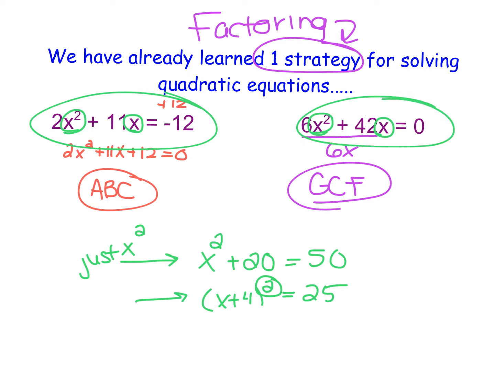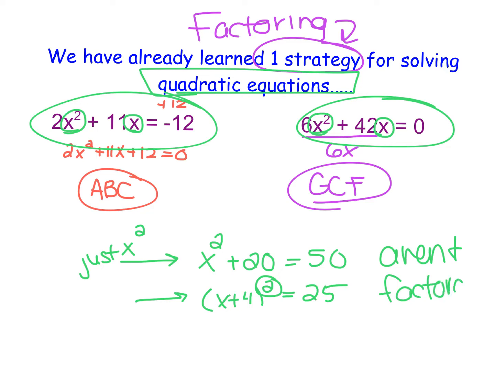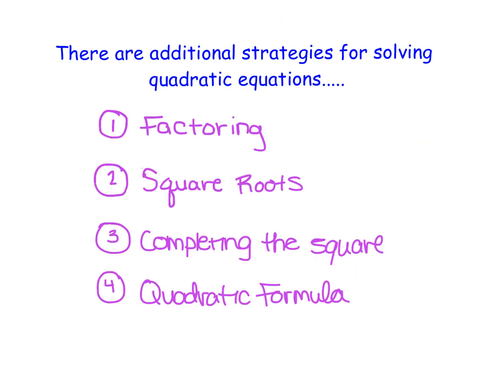Today's strategy is meant to help us solve other types of quadratic equations that aren't necessarily factorable. That's why we're learning the strategy. Now there are actually 4 strategies that we can use when solving quadratic equations.